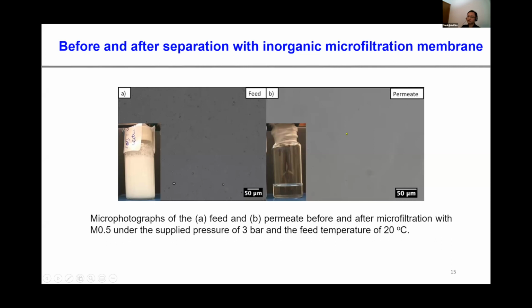On the right-hand side, no droplets were observed in the permeate. This operation was done by M.5 at 3 bar at 20 degrees C. This image indicates the successful separation of cyclohexane droplets from oil-in-water emulsions.